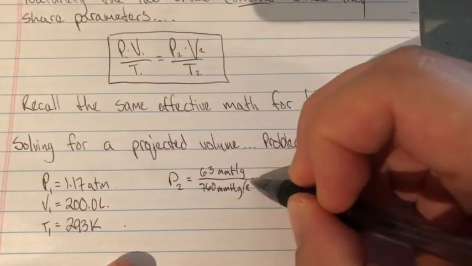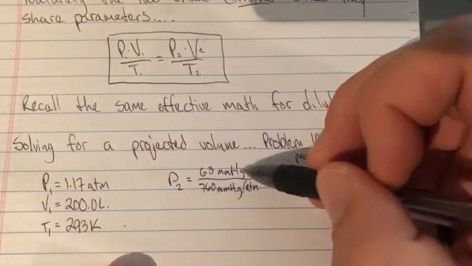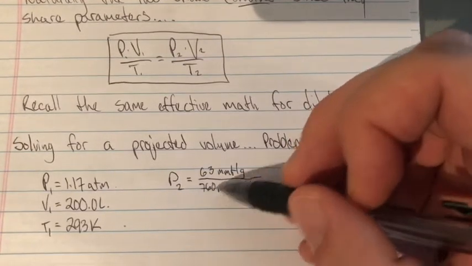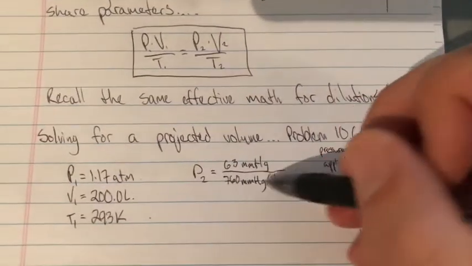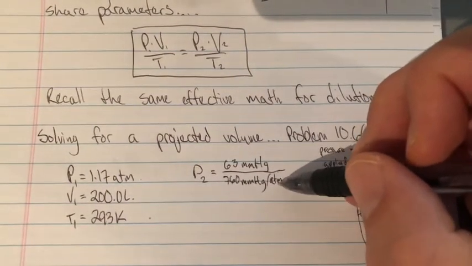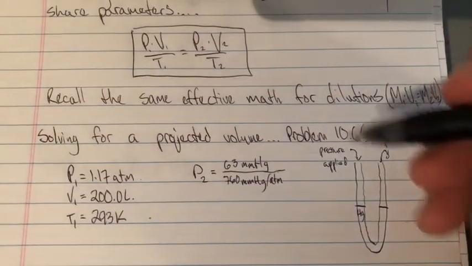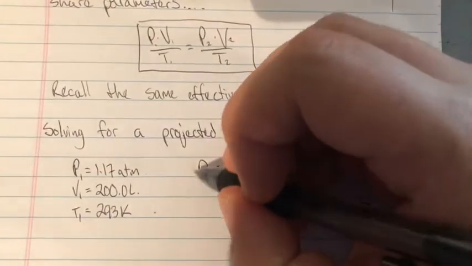Back to atmospheres and converting: divide 63 millimeters of mercury displaced by 760 millimeters of mercury per atmosphere, so atmosphere is going to stick on the top. You'll be left with atmospheres.